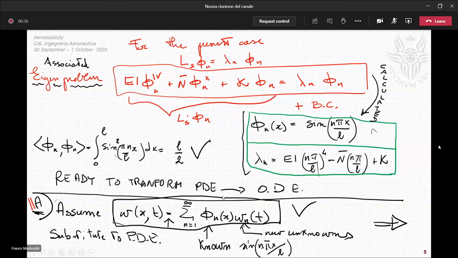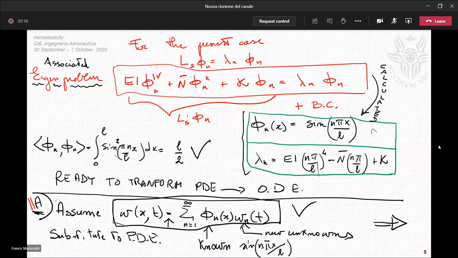First, assuming for the unknown an exact solution like this, we are authorized to express, for each time, the displacement as an expansion of these orthogonal functions phi, with a set of infinite coefficients Wn, which vary with time. So we have infinite time functions.